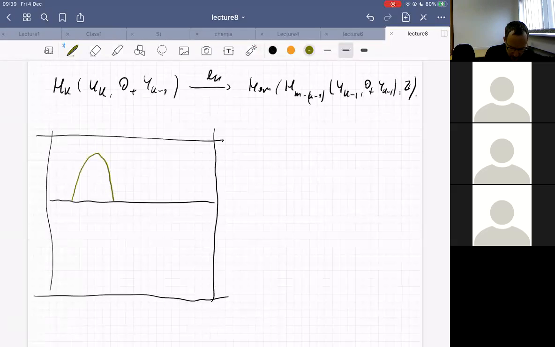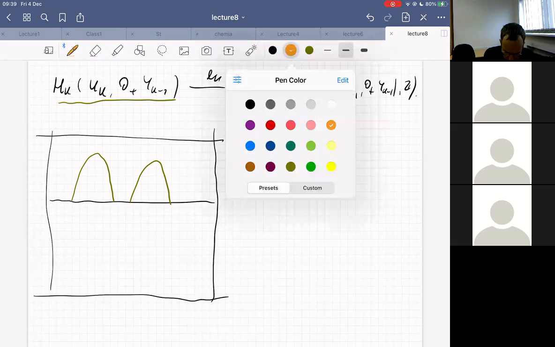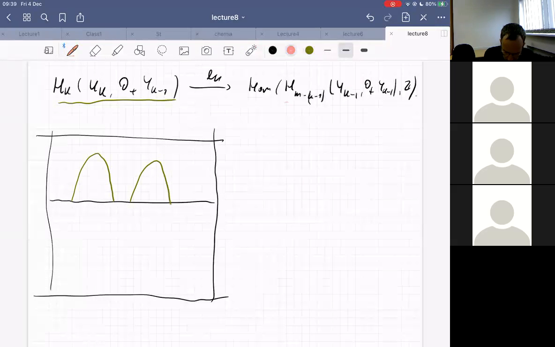So I have this homology group generated by these classes, and this homology group generated by these classes.